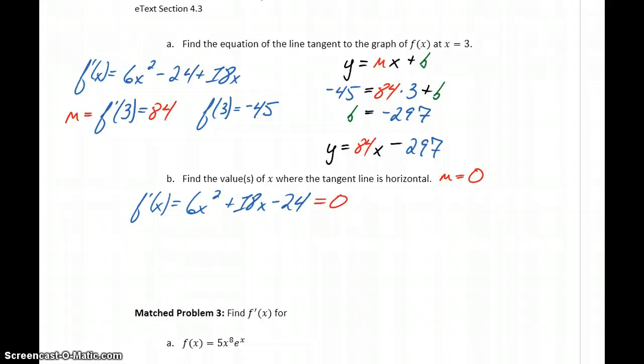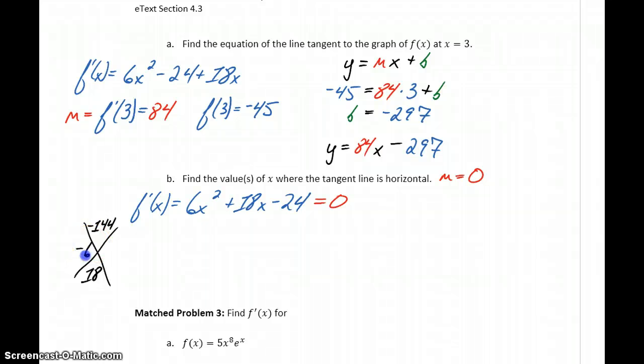So depending on how you go about factoring an expression like this, one method is to use the AC method. So we need two numbers that multiply together to give us 6 times negative 24. So two numbers that multiply together to give us negative 144 and add together to give us positive 18.